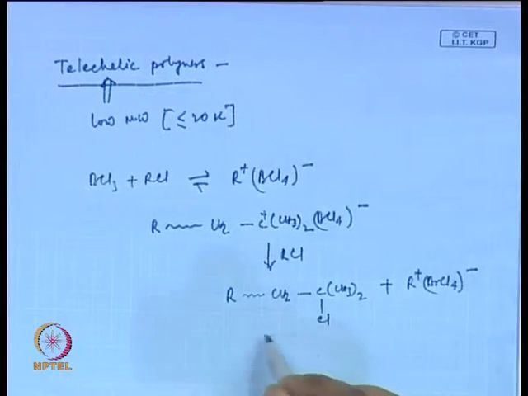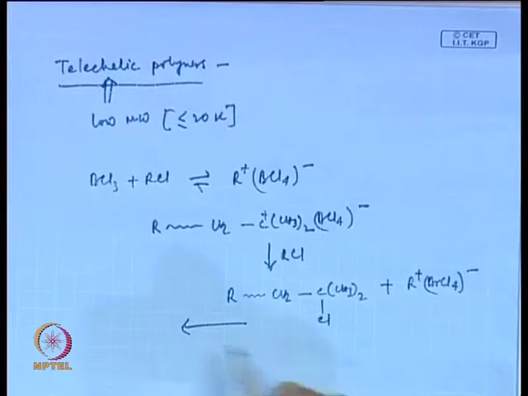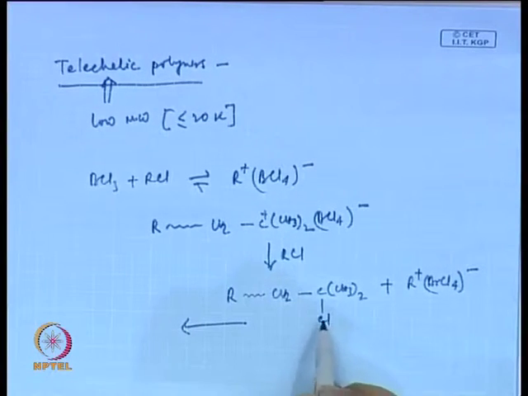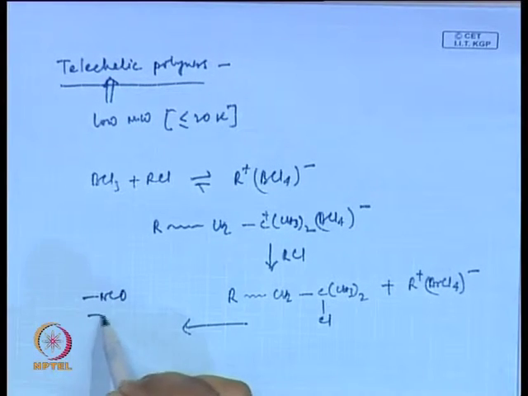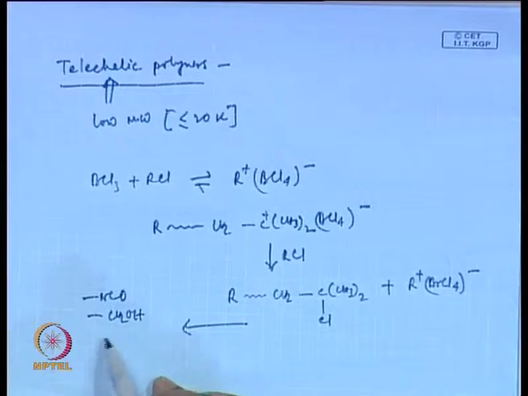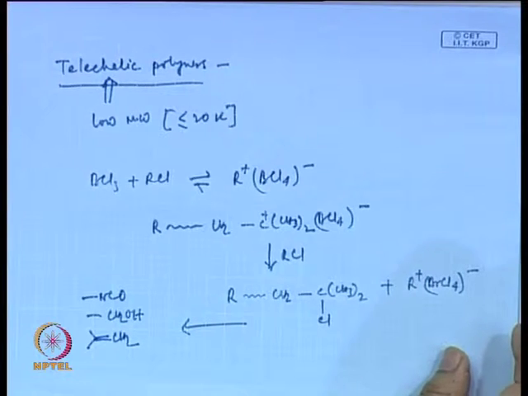Now, this chloride can be utilized and reacted to form several types of end groups, say like NCO or CH2OH or allylic groups or something like that.